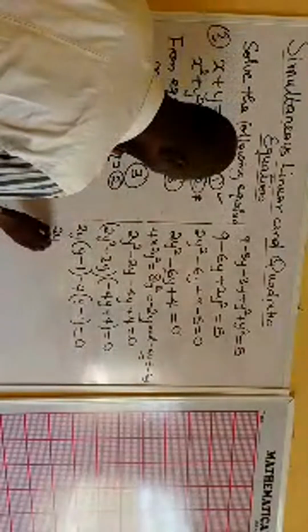The first bracket is 2y. What is outside the other one is minus 4. Take note, the two must be the same. If they are not the same, your working is not correct. You have to check your working. Now, here is y minus 1 is equal to 0.